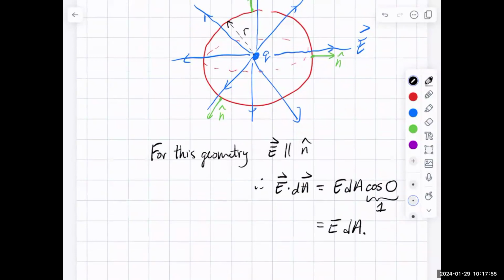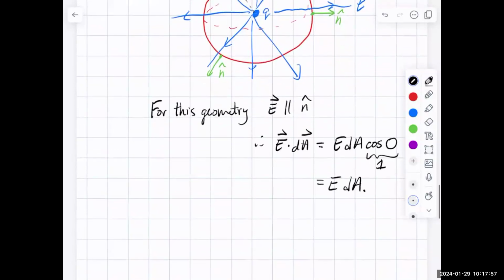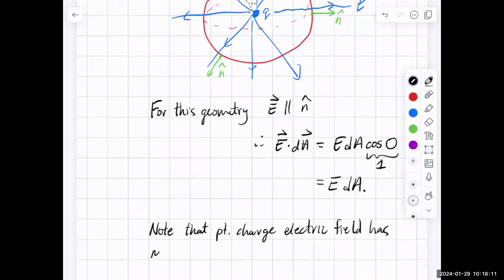Now, the other thing we're going to do is we're going to notice that the point charge electric field has a magnitude of k_e Q over R squared at the surface of the sphere.